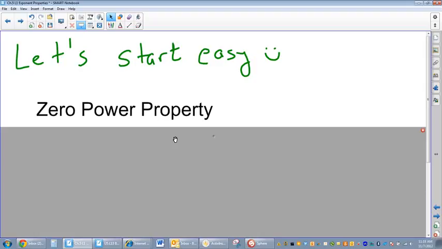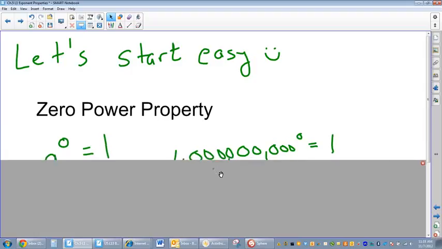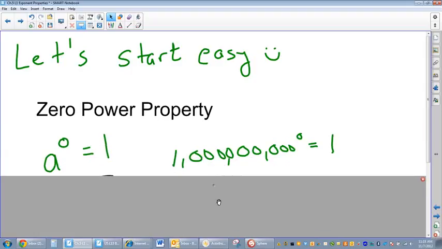The 0 power property states that anything to the 0 power equals 1. We'll do a little lesson on why that works a little later. So the 0 power property states that anything to the 0 power equals 1.